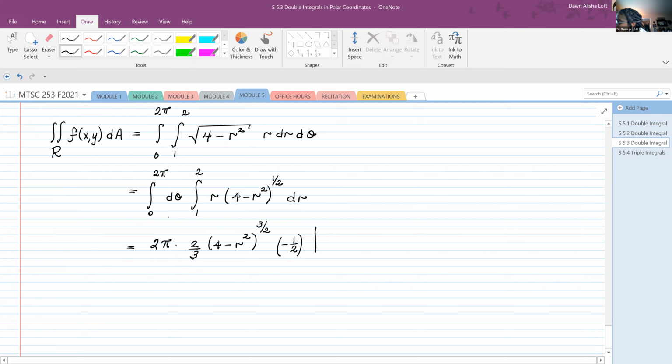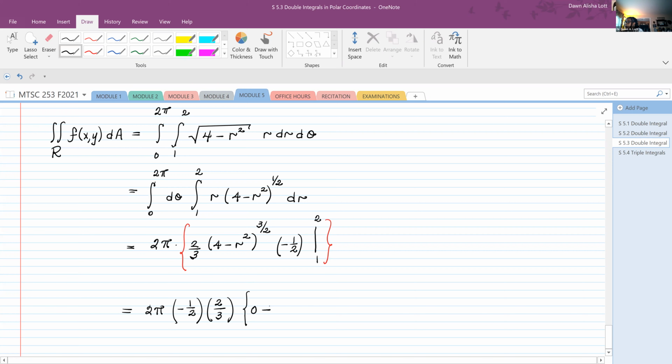Evaluate this part between 1 and 2. And then I'm going to have minus 1/2 and 2/3 comes out. And now when I put in r equals 2, that is 0.